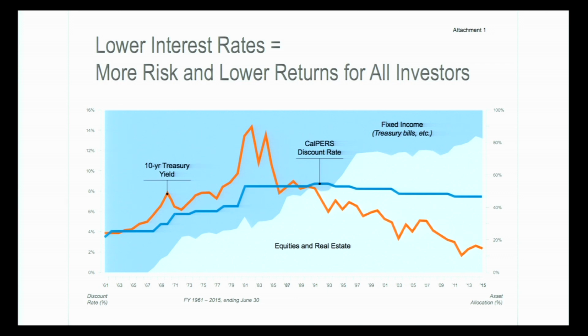Just looking at this slide, a little less cluttered version of the one that Scott put up, you could see that as we went from the 60s to the 80s and 90s, as interest rates went up in the economy, CalPERS said, well, if we're promising people to pay a certain amount of money and the interest rates we can get on high quality bonds have gone up, we can use a higher discount rate.